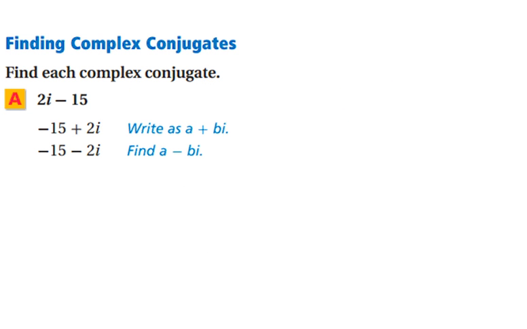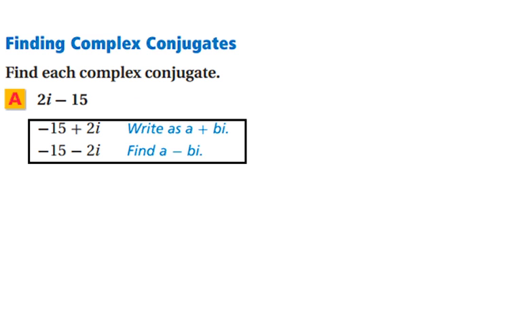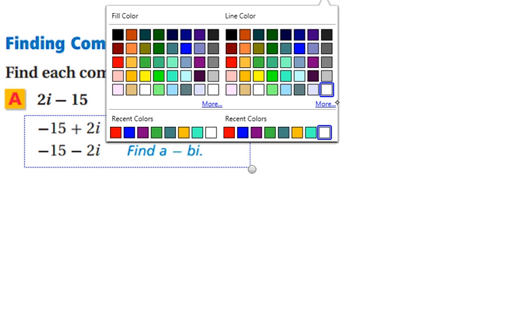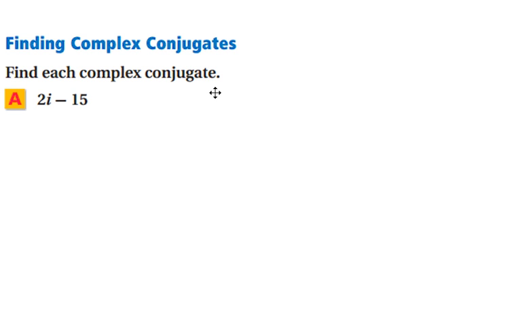Complex conjugates. You're going to like this because we've really already done this. So let's, for a minute, just pretend we don't have any of this stuff. We can pretend you don't see that. The complex conjugate, we have 2i minus 15. You want to write it in the a plus bi form, which just means changing the order.